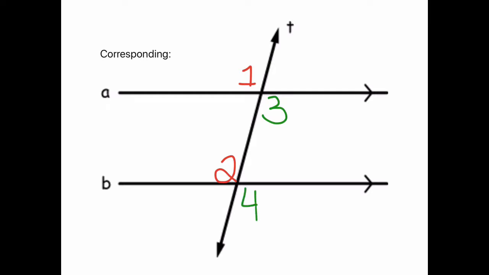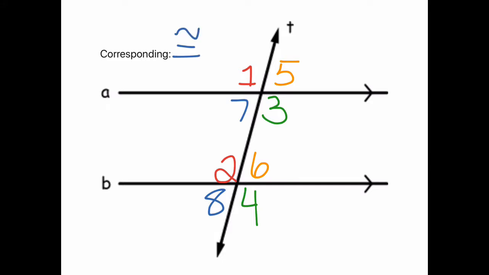The same holds true for the top right. We could call this angle 5, and the top right of the bottom line, call that angle 6. And of course, the same would hold true from the bottom left. Call this angle 7 and this angle 8. And those angles are corresponding. Now, what you'll learn in the corresponding angles postulate is that corresponding angles are always congruent.